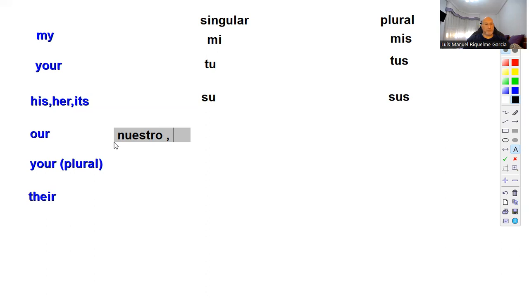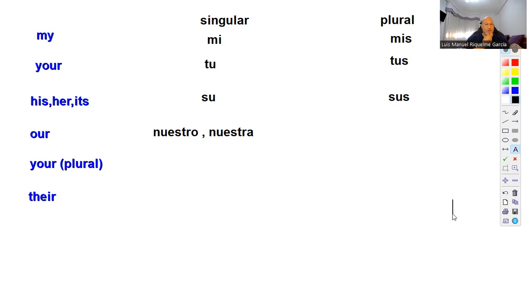Or you have a son in common, only one son, the two of you. You say nuestro hijo. So it's something that 2 or 3 or 4 people have in common, and it's masculine. What if that thing that you have in common is feminine? Nuestra. Nuestro and nuestra.